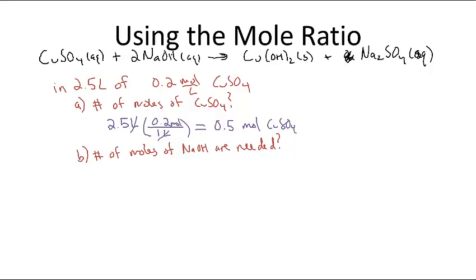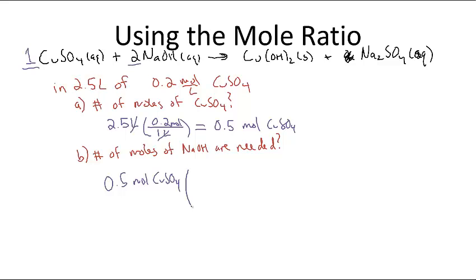Well, again, now we're using ratios, where I want to know the number of moles of NaOH that are needed. I know I have 0.5 moles of copper sulfate. From my mole ratio up here, I know for every 1 mole of copper sulfate, I have 2 moles of sodium hydroxide.